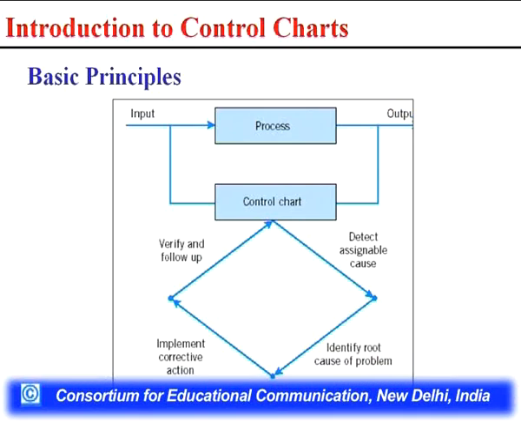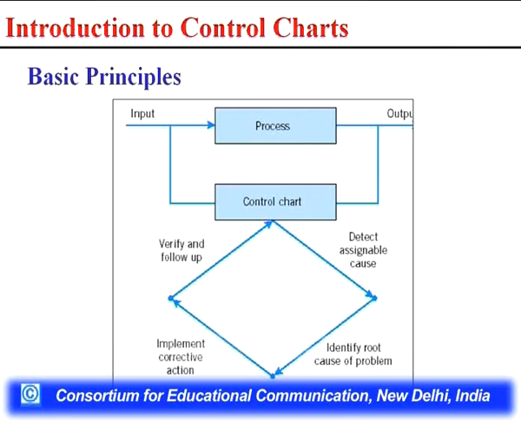Introduction to control charts, basic principles. Say for example, a process is going on, input is there and output is there, and from the output we are taking a sample and checking the parameter, and we are putting the results on the control chart.